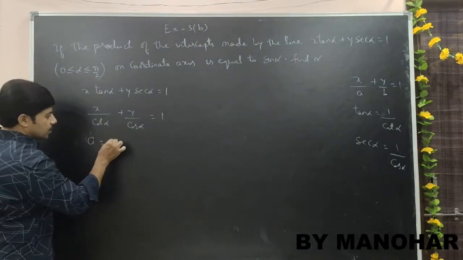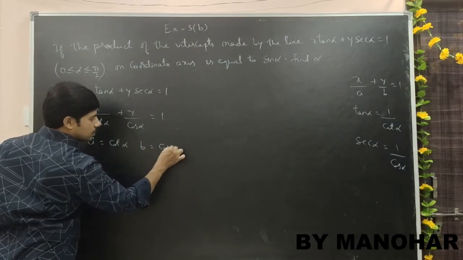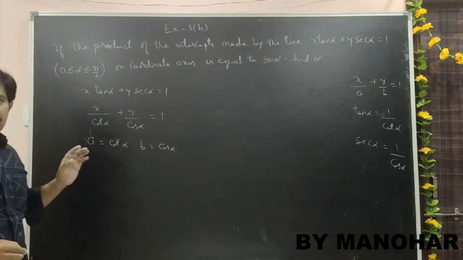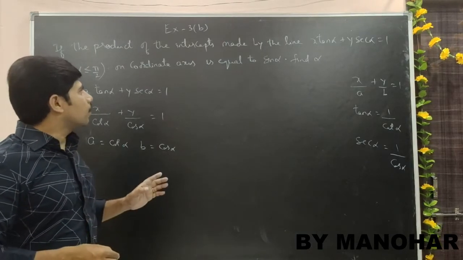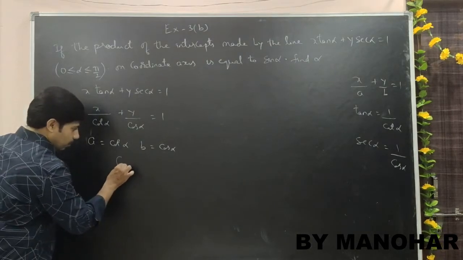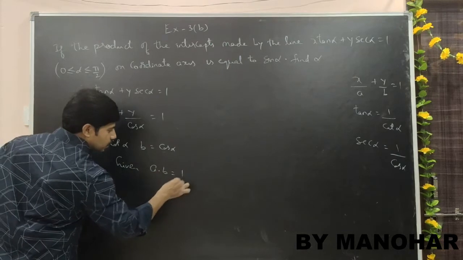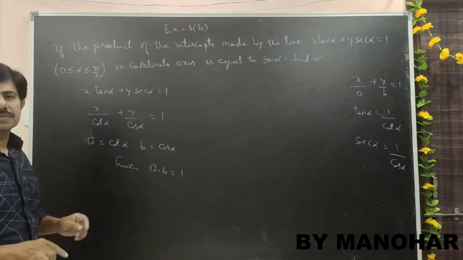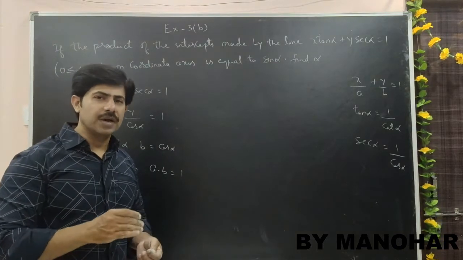A value is cot alpha and b value is cos alpha. Okay, now we are writing a value and b value. Now it is given that the product of intercepts is 1. So given product of intercepts is 1. So here product of intercepts means x-intercept and y-intercept.